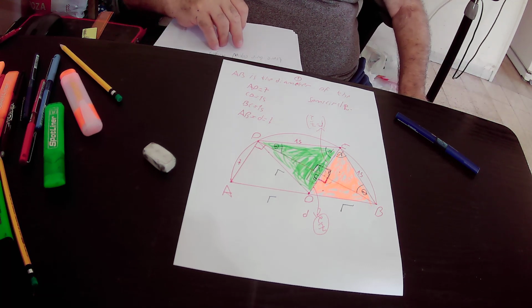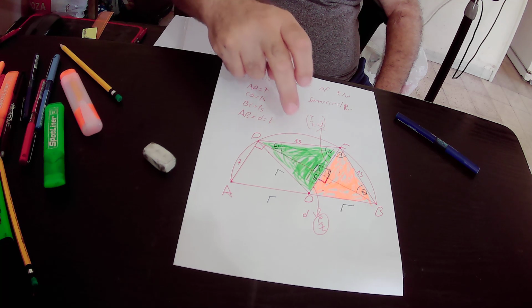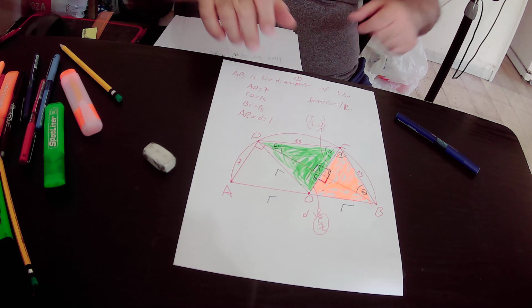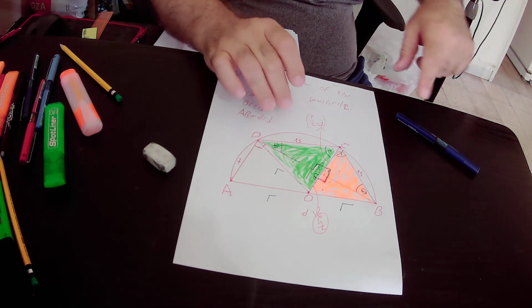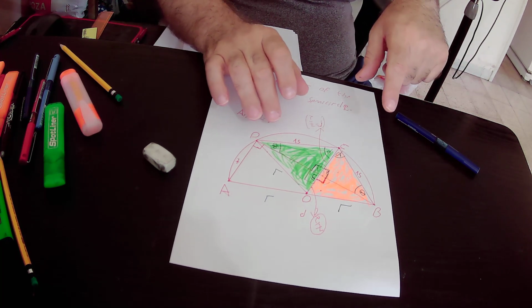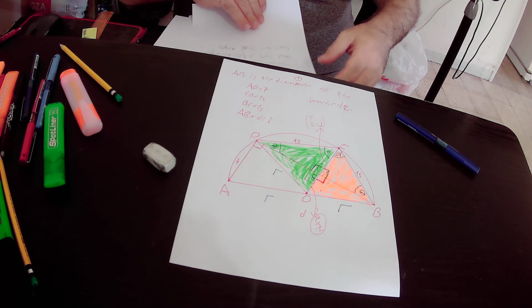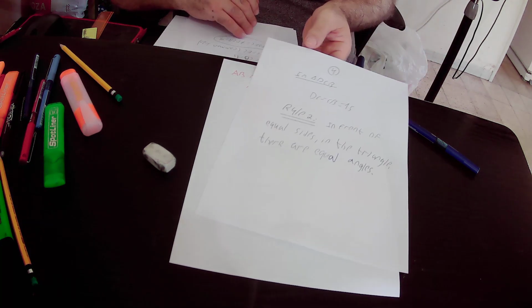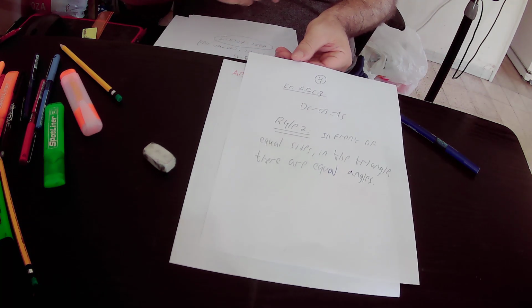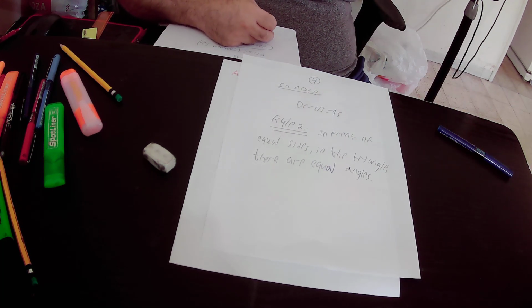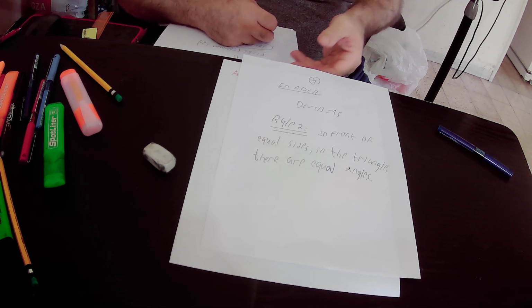And then we focus on triangle DCB. In triangle DCB, we know that DC equals CB. It is given in the question. Both sides are equal to 15 units. And we have rule number 2 that states that opposite equal sides in a triangle, there are equal angles.